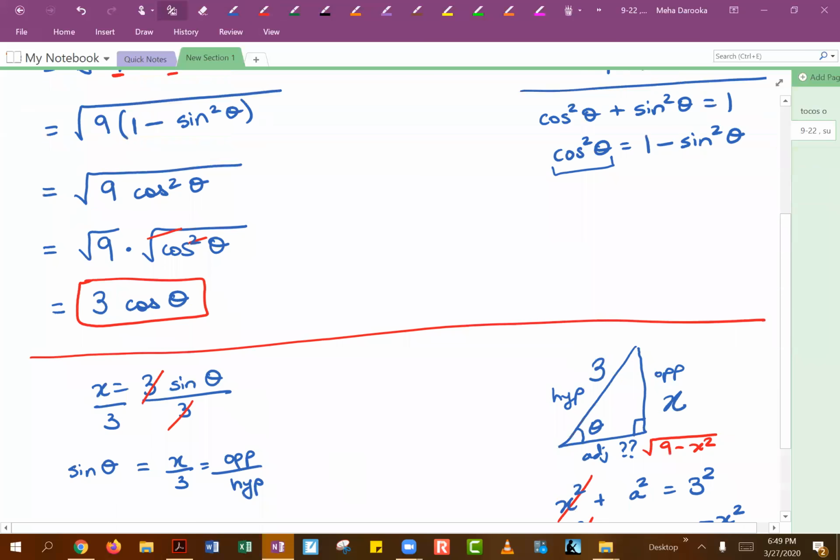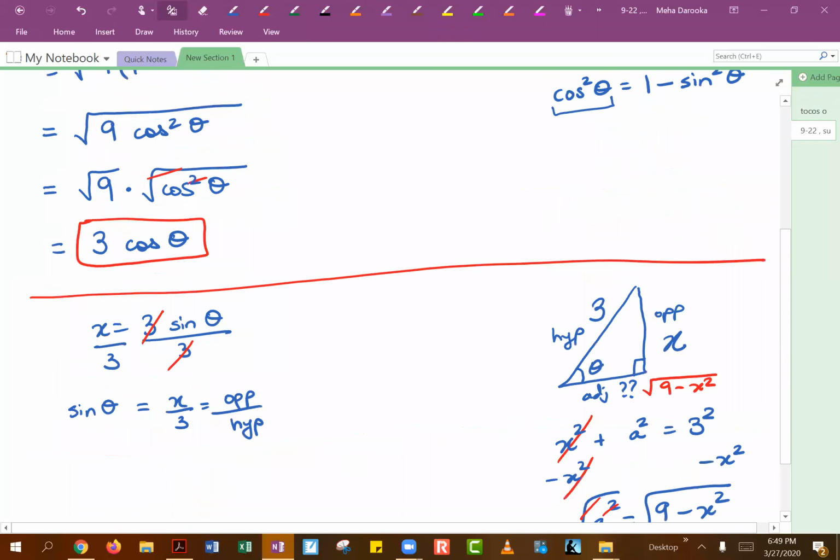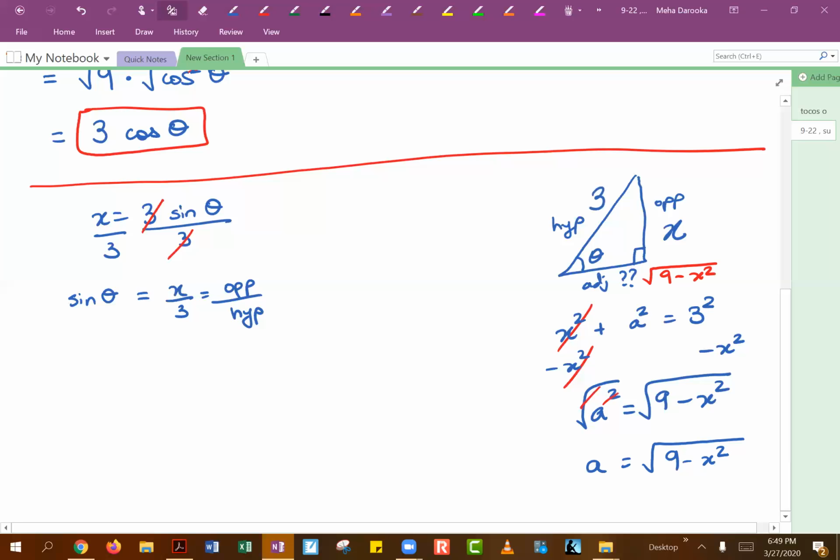So since our solution here is coming out to be cosine of theta, let's calculate what that cosine value should be. Cosine is adjacent over hypotenuse, right? So our adjacent side, we just calculated, square root of 9 minus x squared. Hypotenuse was, of course, 3.